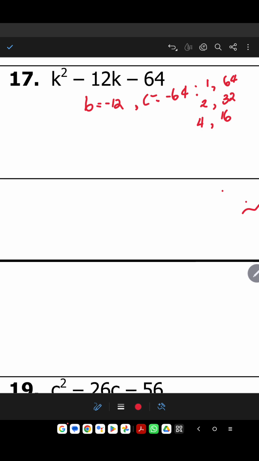In this case, it is negative. So all the larger numerals must be negative. So this is negative 64, negative 32, and negative 16.